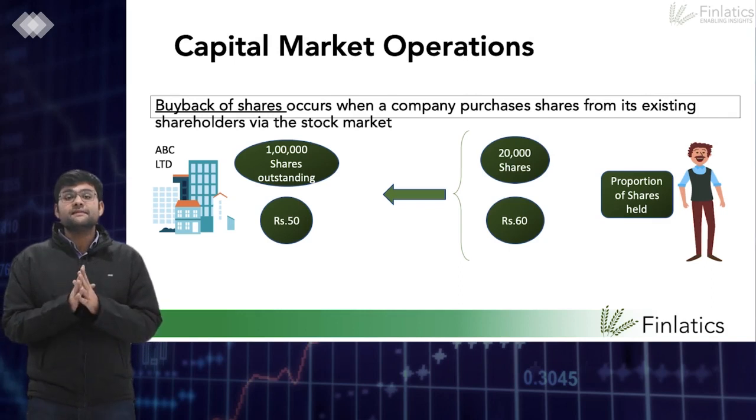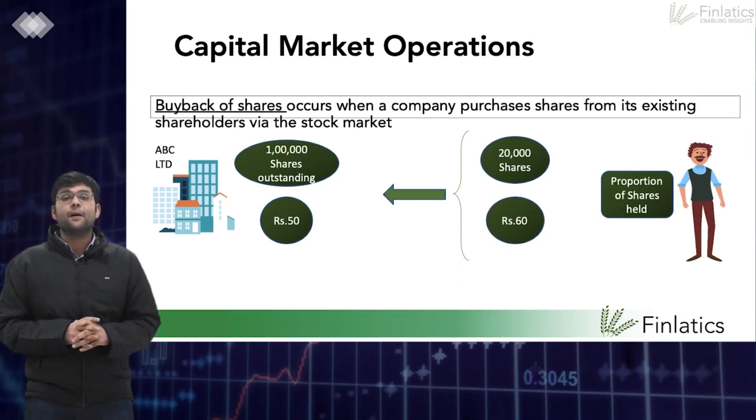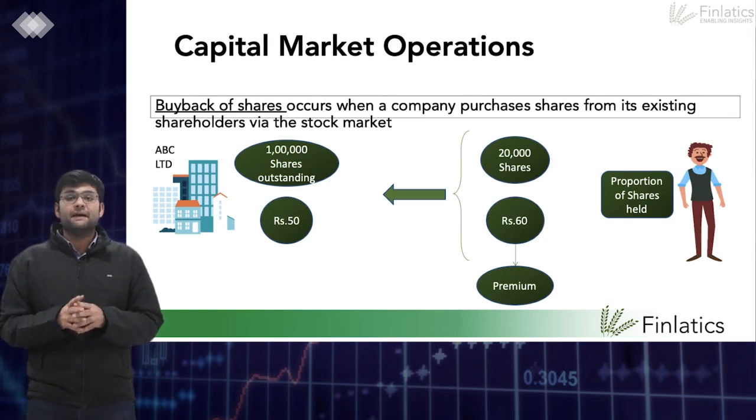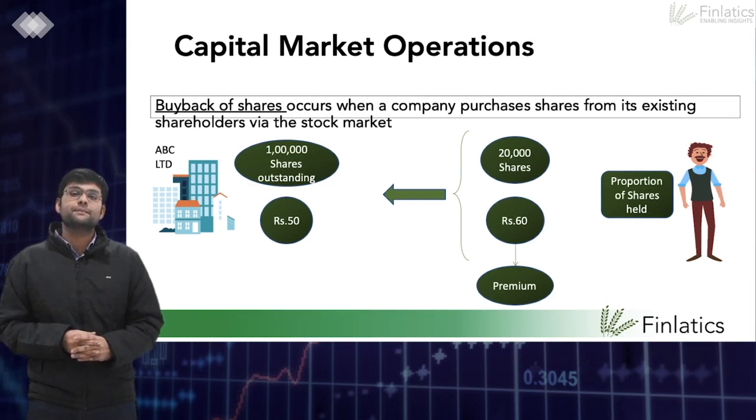It's important to note that a buyback offer is often done on a premium to the prevailing market price. As we can see, even in this example, the buyback was announced at rupees 60 when the market price was rupees 50.